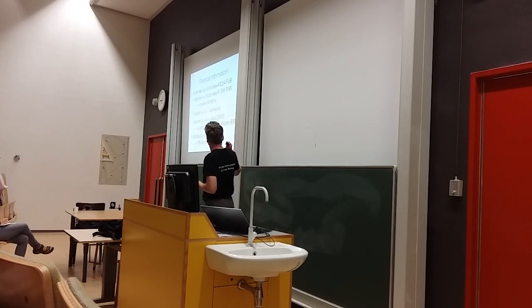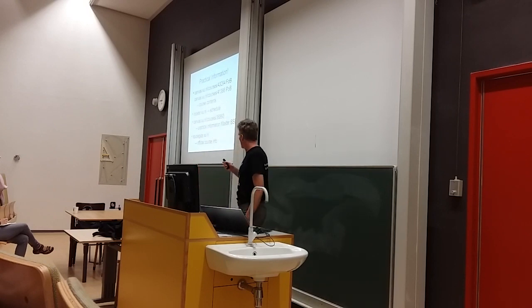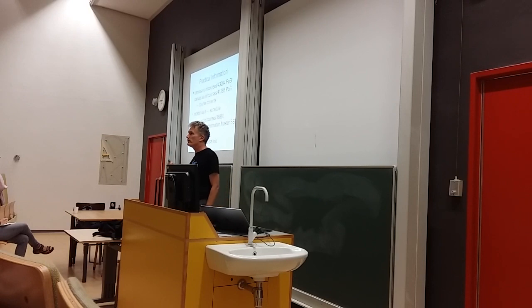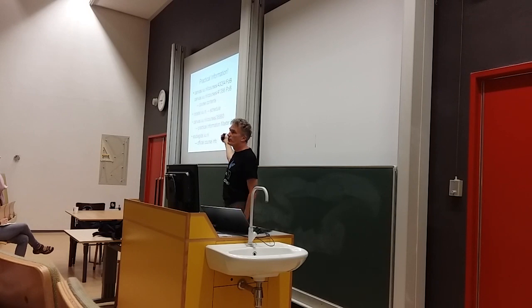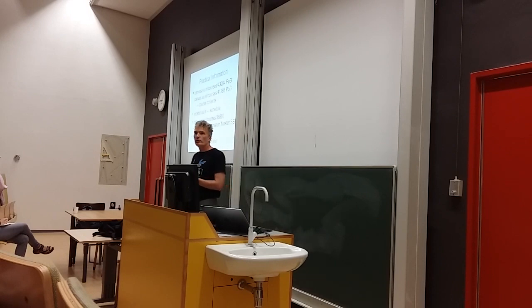Right. A few practical pointers. I always put them at the start of the first course. These are links to the Canvas pages. If you enroll through VNet, you should already have access to them. If not, then you can find them here. For the rooms, you've all managed to find a room, but I've also been spamming you with pointers to this room.